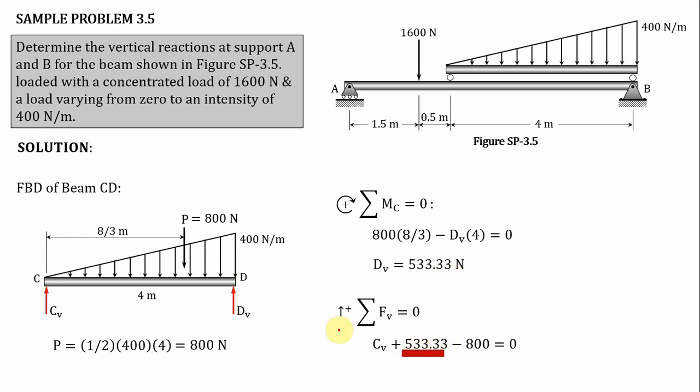And then 800 Newton is going downward, so minus 800, and then equate to 0. Therefore, CV is equivalent to 266.67 pounds. And our CV is positive, therefore the direction of CV is correct.